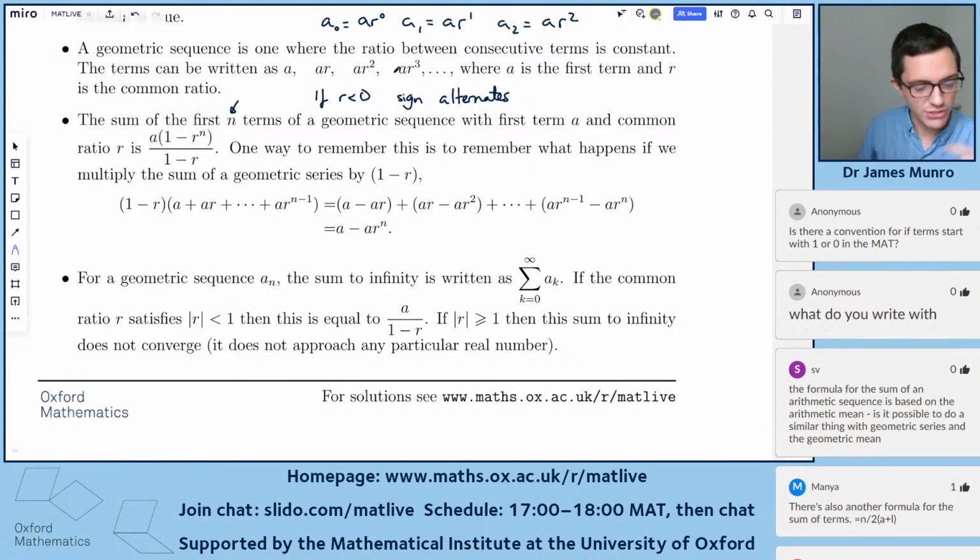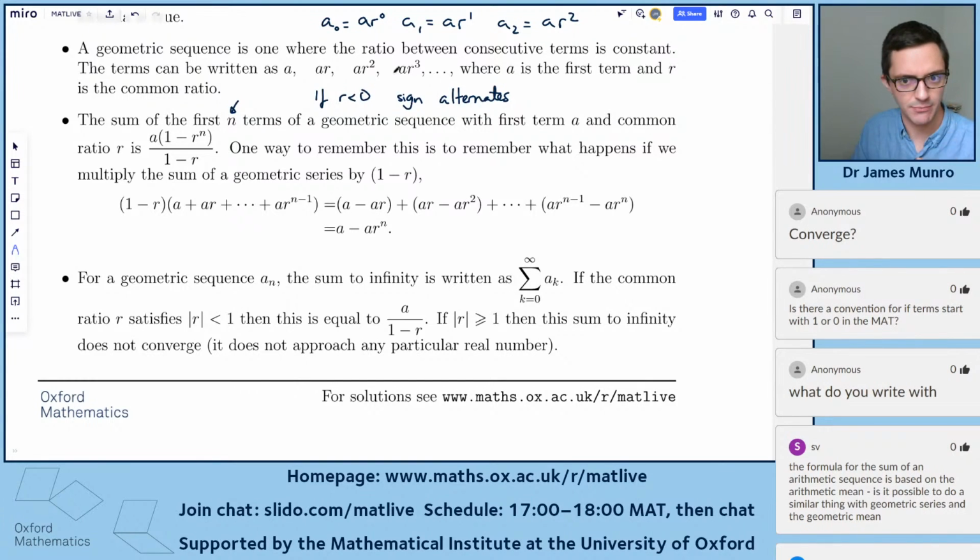Yes, the word converge. Thank you for calling me out on this. Someone in chat, an anonymous person, has put "converge?" What does that mean? Which is a really good question, because the idea of convergence is kind of university maths, and it's not on the syllabus.